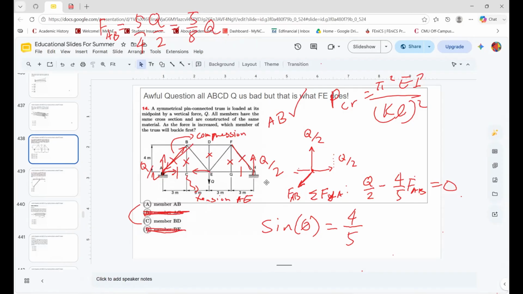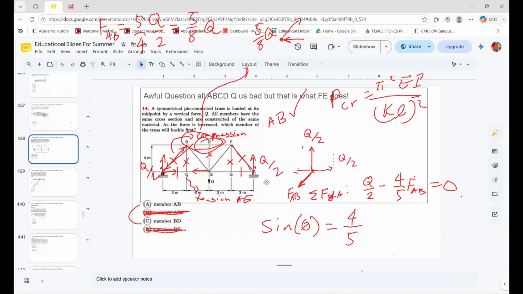Next we need to look over here at BC. Now that we know this has to be 5 over 8 Q this way, for this block, this is going to be in compression, so it goes this way.